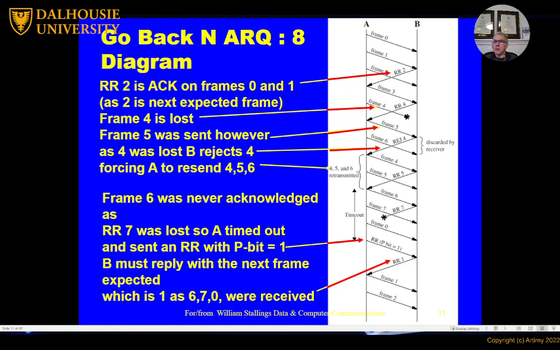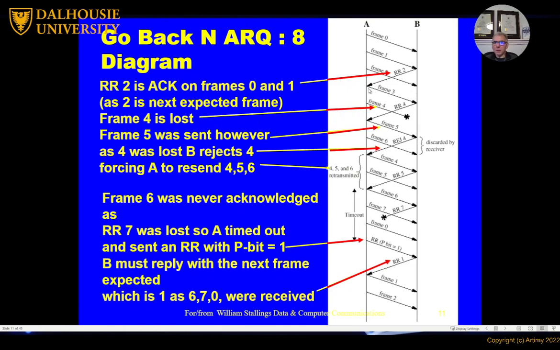Here the example says, I'm sending frame 0, I'm sending frame 1. B receives frames 0 and 1 correctly, so it sends back RR2, which means I am ready to receive frame 2. Frame 2 has already been sent by that time.